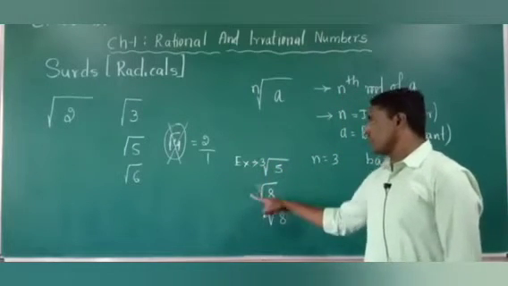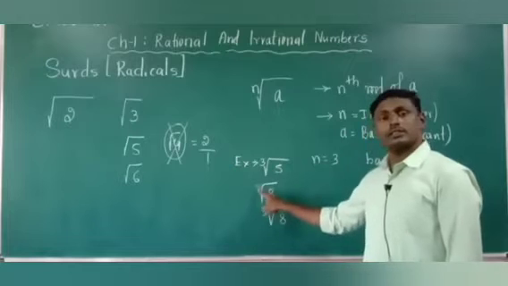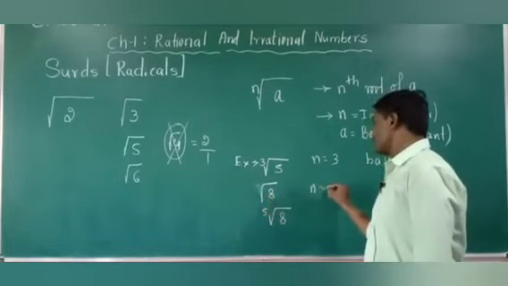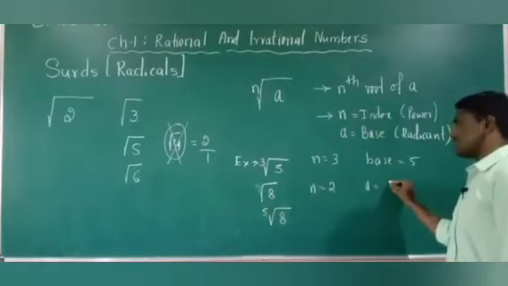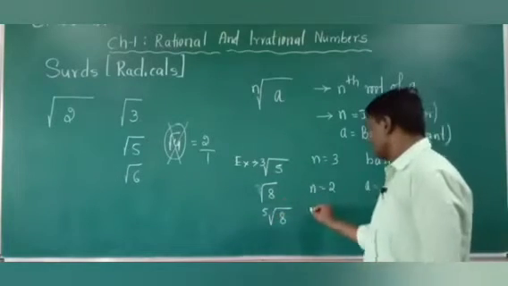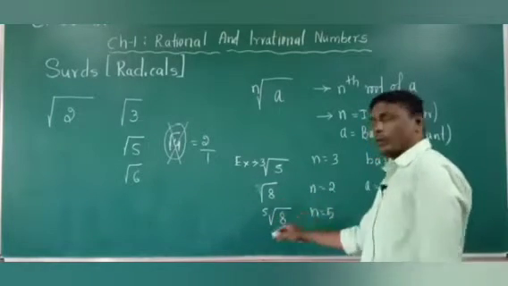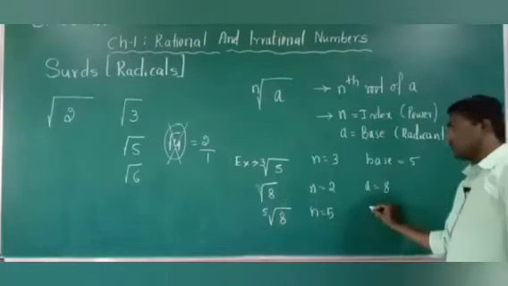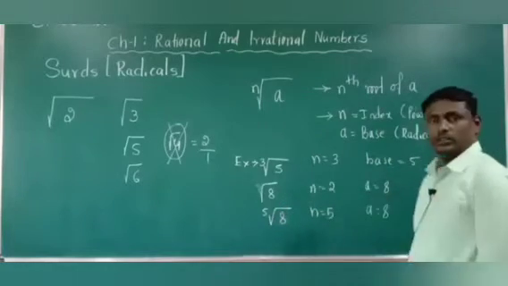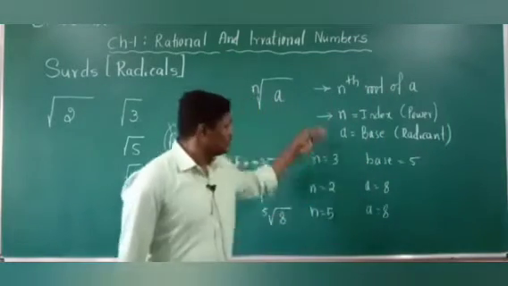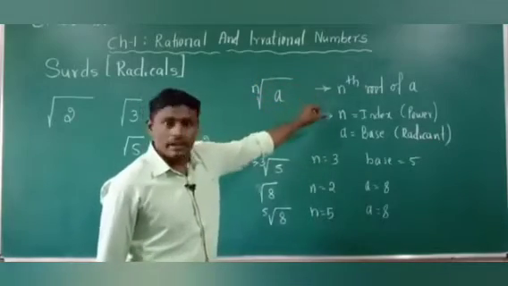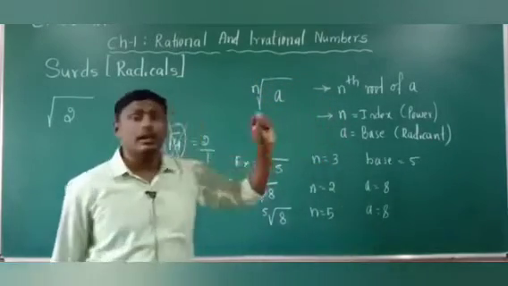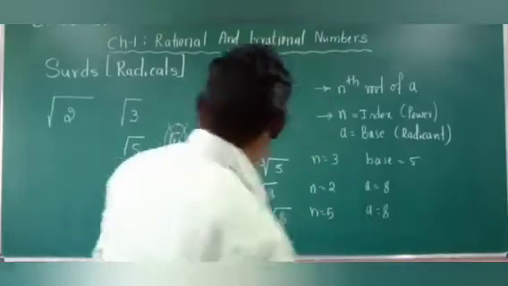In the next one, the power of the radical is 2, n is equal to 2, and the base a is equal to 8. Next, n is equal to 5 and a is equal to 8. Here n is called the index or power, and a is called the base or radicand.